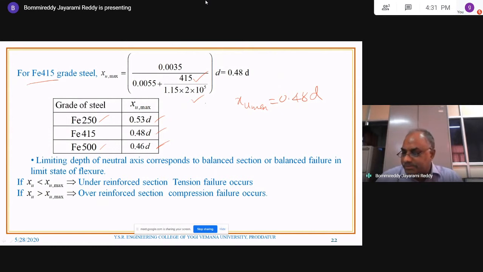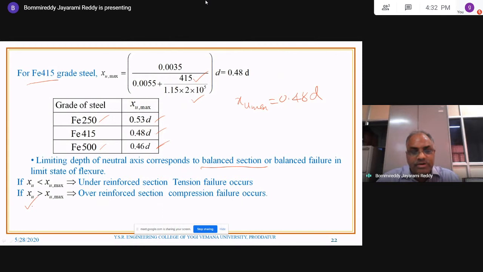Okay. Now, the limiting depth of the neutral axis corresponds to the balanced section or balanced failure in the limit state of flexure. So now here there are different types of sections. Now you know the XU maximum value. XU is the actual depth of the neutral axis, like in the working stress method of design.